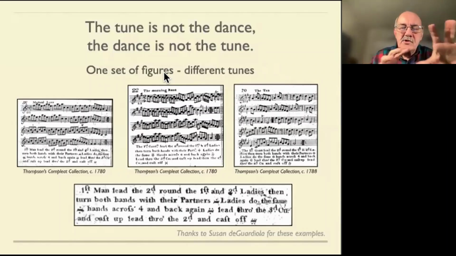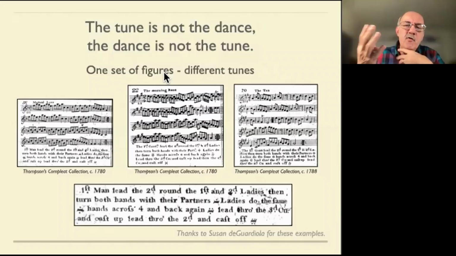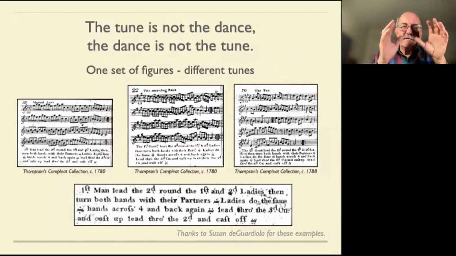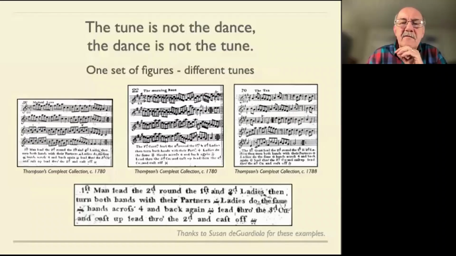In other words, you're doing the same movements, but to four different pieces of music. It's not uncommon for generic figures to be published. And this close association of a tune and a dance is not fixed at that time. This really comes in around 1900 with Cecil Sharp, and that's another story.